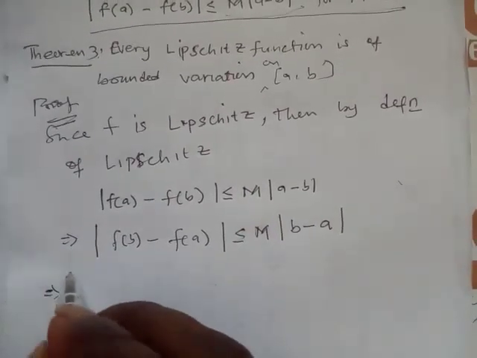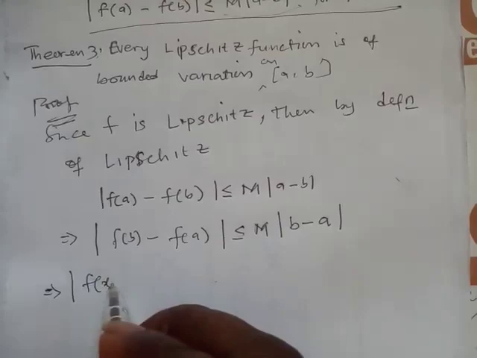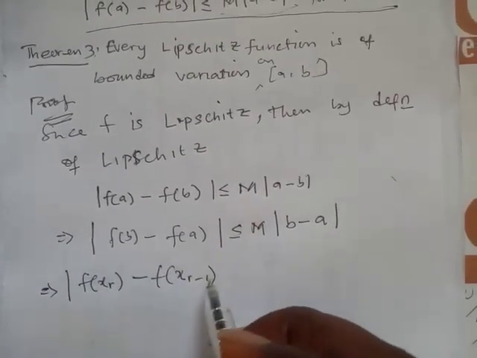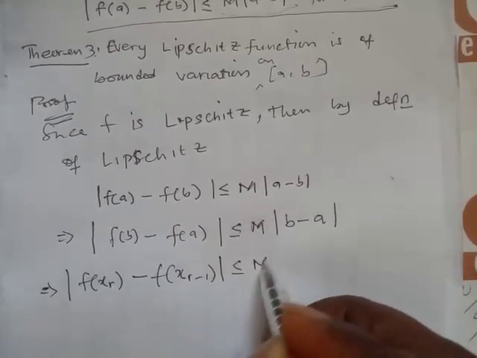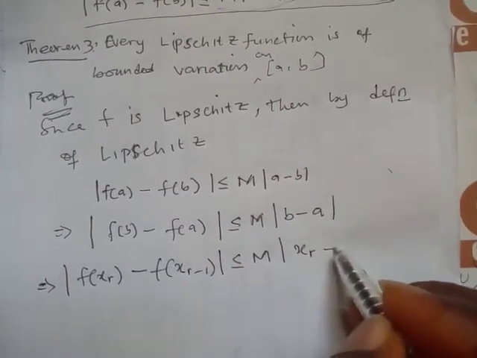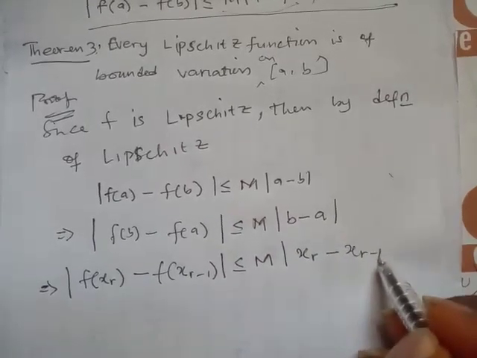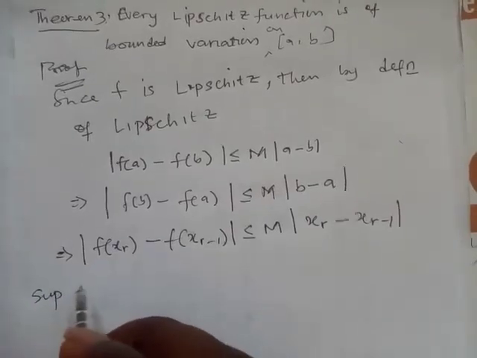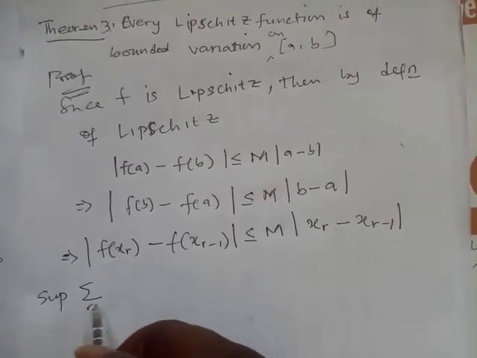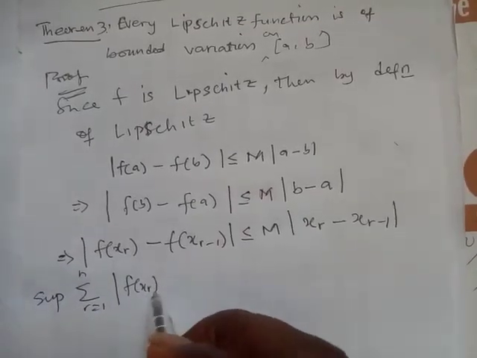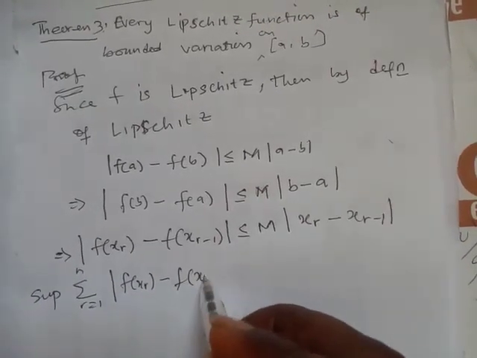So let us write it in terms of x_r. This is |f(x_r) - f(x_{r-1})| is less than or equal to M times |x_r - x_{r-1}|. So let's put supremum and summation to both sides to write the definition of total variation.